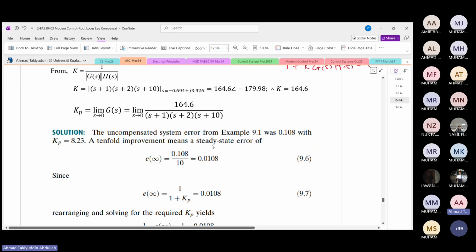But the most important thing is that you know about your dominant poles, and you use that dominant pole value, substituted in the original equation, to get your K. So K will be 164.6 in this solution.